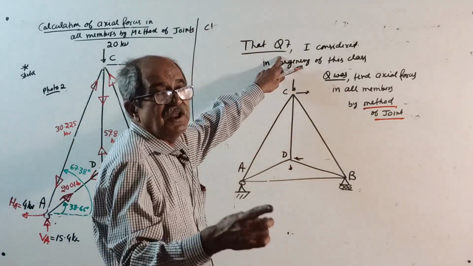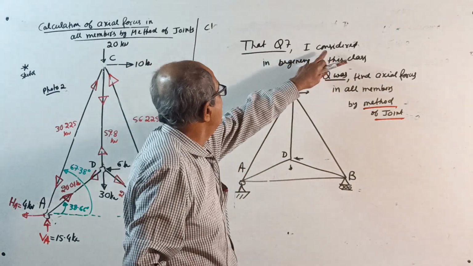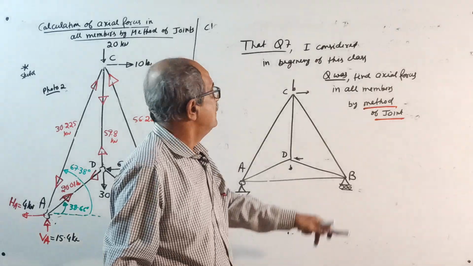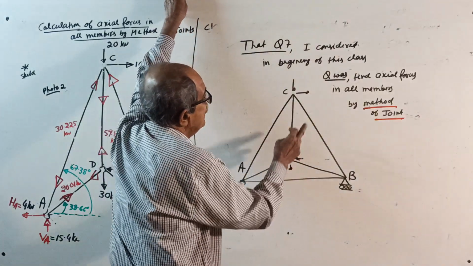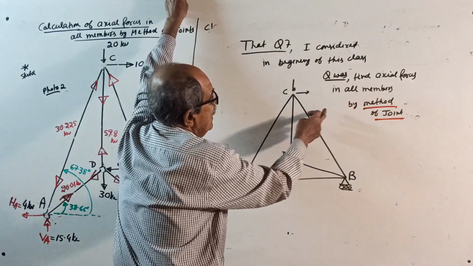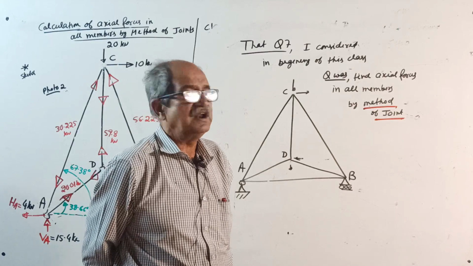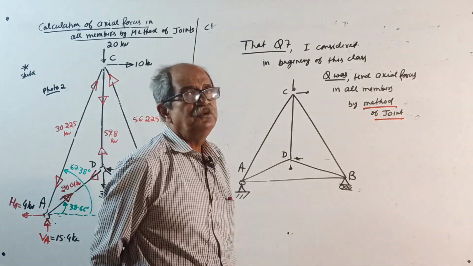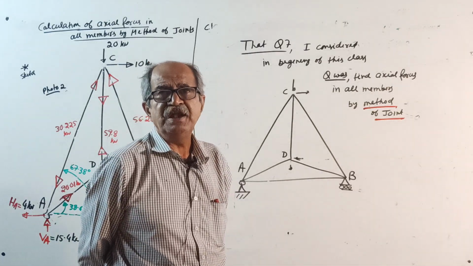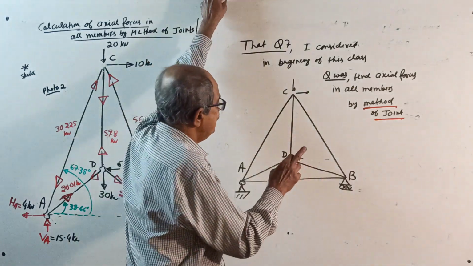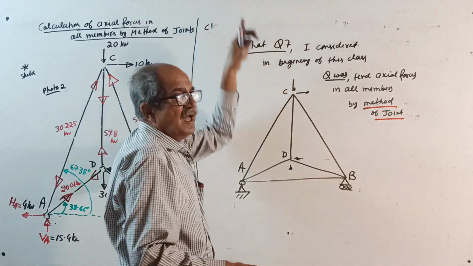Now, that question 7, I considered in the beginning of this class. This question, see, load I am not writing. Question was, find axial forces in all members by method of joint. It's a wrong question because method of joint you cannot apply for statically indeterminate structure. This is statically indeterminate. Actually, why?